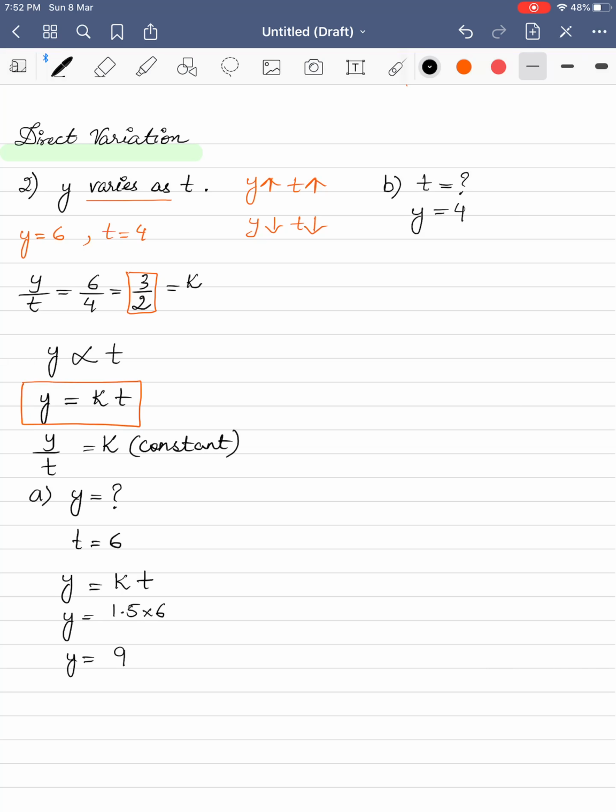Starting with y is equal to kt, we will plug in the values. We are given y as 4. We know that k is 1.5 and t is our unknown. We can make t the subject and divide 4 by 1.5 and we get the value of t as 2 2/3, and that's our final answer.